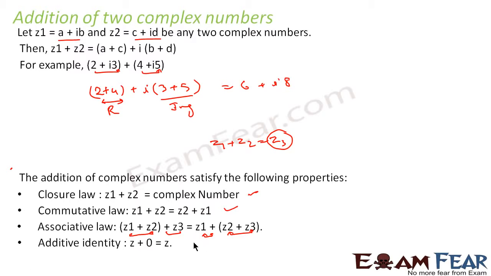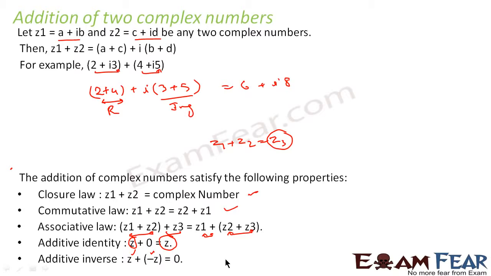Then we have identity. There is a number 0. When you add that number to a complex number, you get the same complex number. Similarly, you have additive inverse. That means for every complex number z, you have a number minus z, and if you add that number to z, it becomes 0.